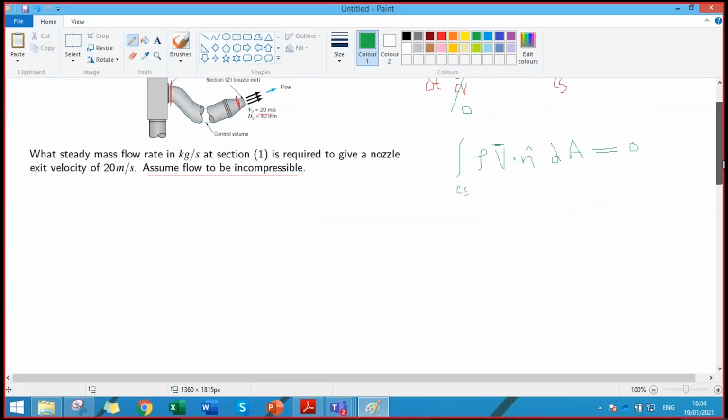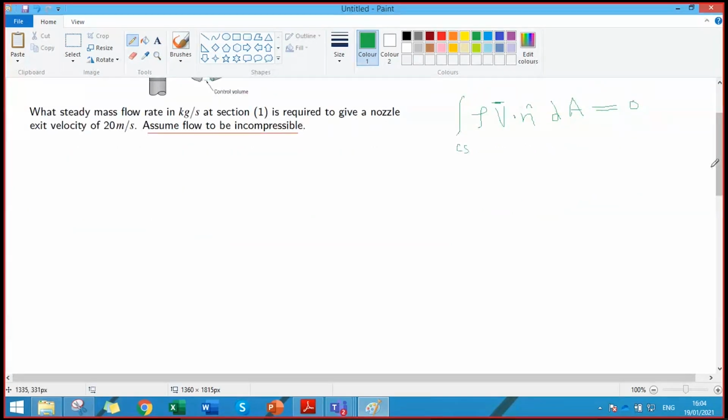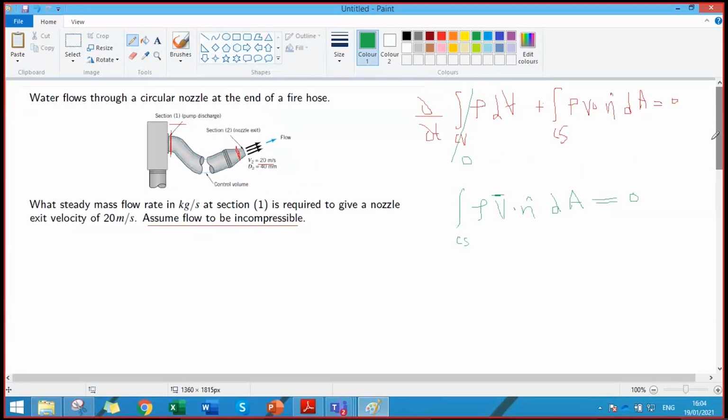Now we know that we have 2 points of flow, that is section 1 and section 2.